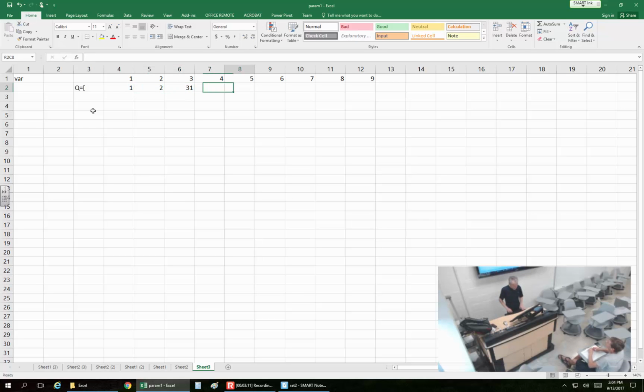Once again, it doesn't matter whatsoever. Okay, so this is Q. I put a bracket here to indicate that what we're talking about is in fact a point in the 9-dimensional space.